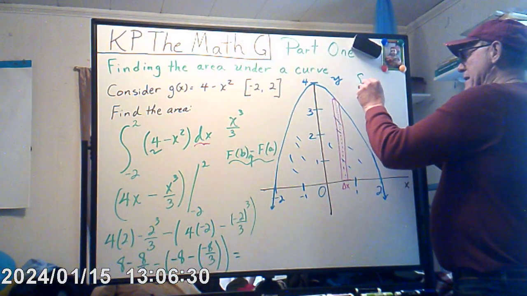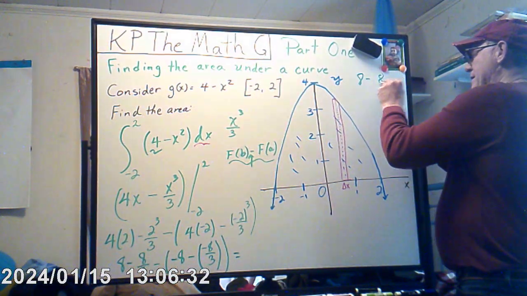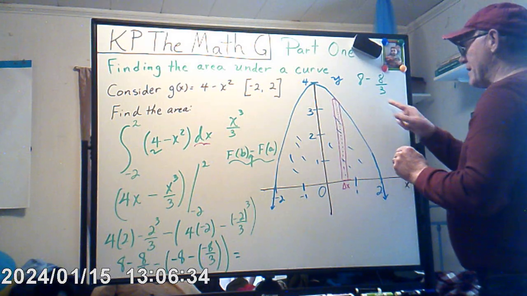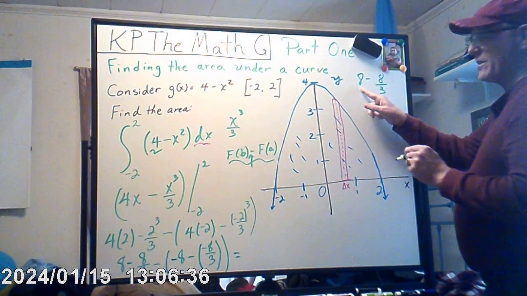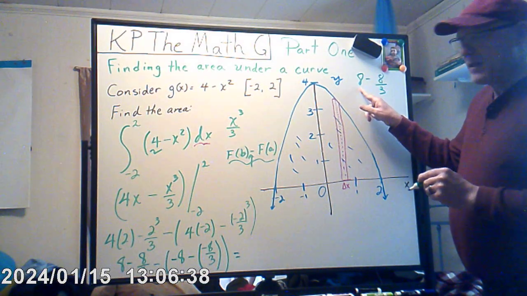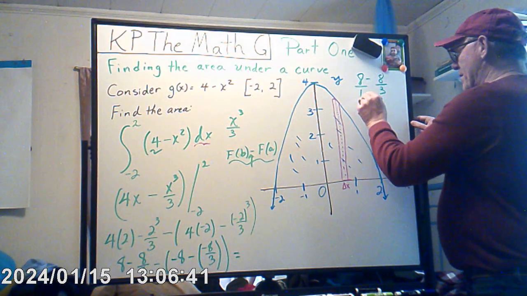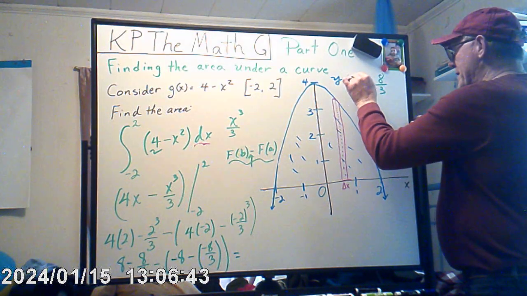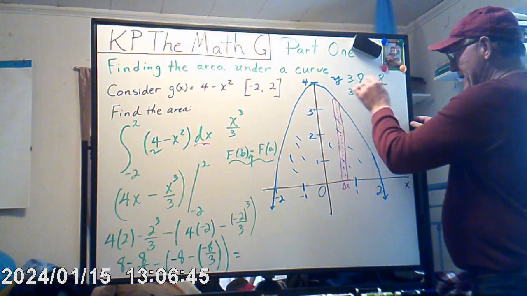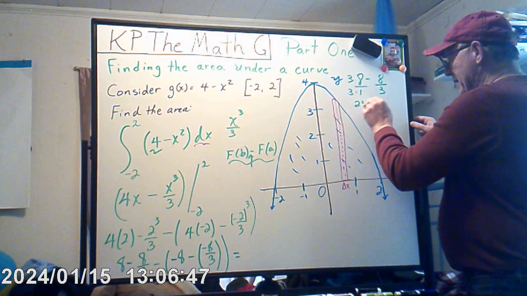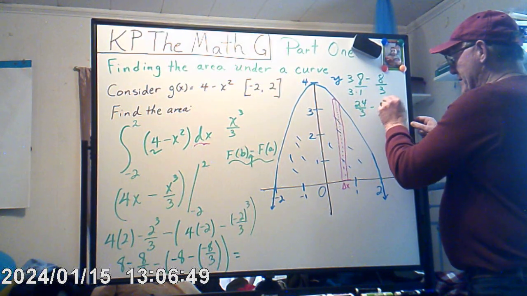So 8 minus 8 thirds. I wish you'd come to the point where you just say this 8 is 24 over 3. If you want to do it, write 8 over 1 and multiply by 3, and you see that automatically is 24 over 3. Minus 8 over 3.